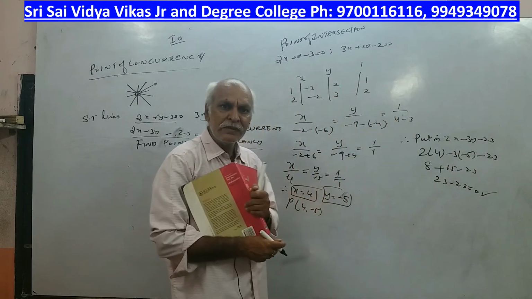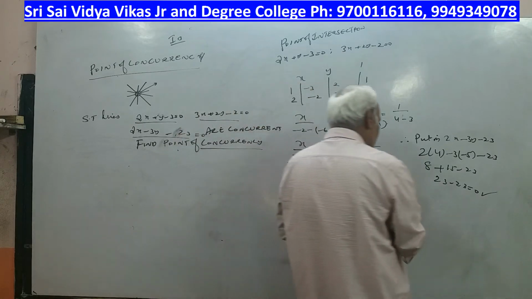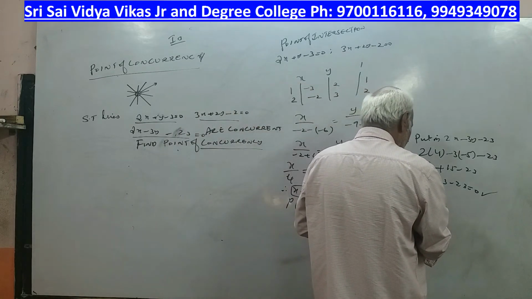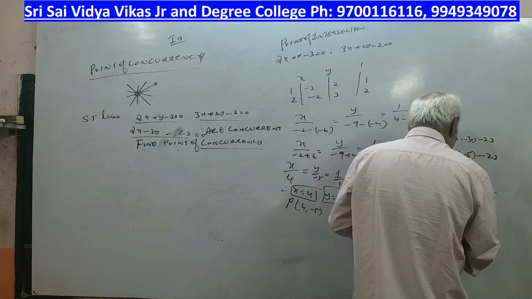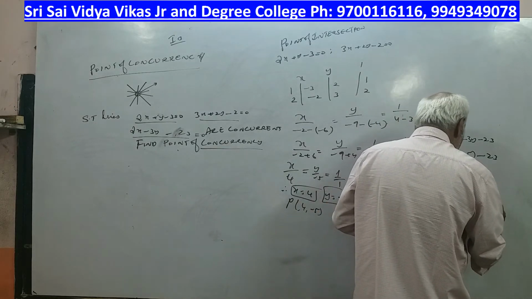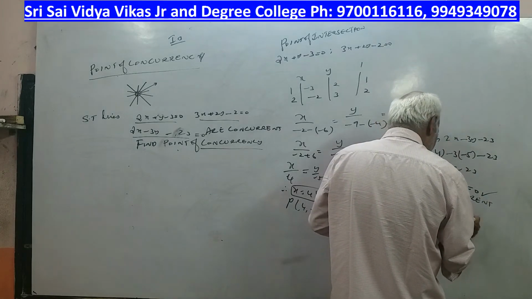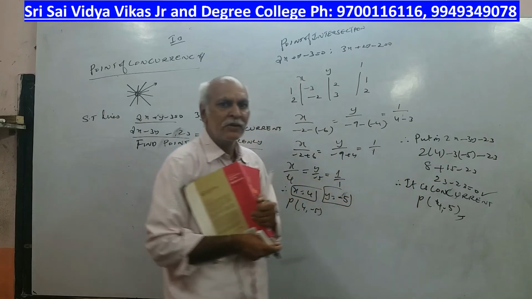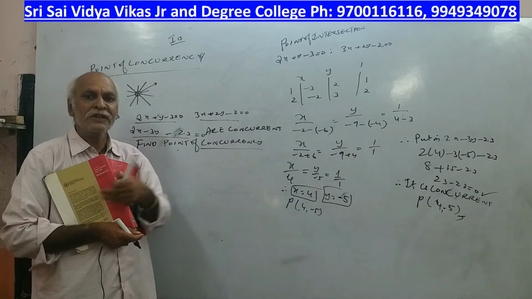So, you got 0. Therefore, using this point, we have proved the third one equal to 0. Therefore, it is concurrent. And point is 4 comma minus 5. Okay, it is concurrent. So, what is the procedure? We have to use the same point of intersection. We have to put in the third one. Copy this.